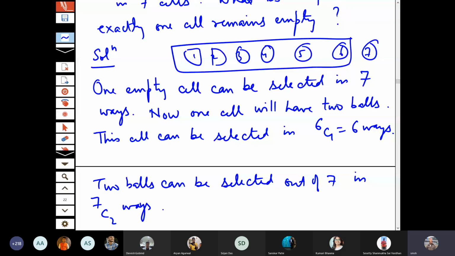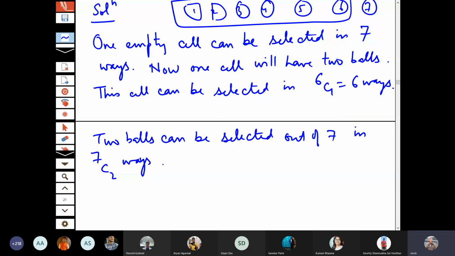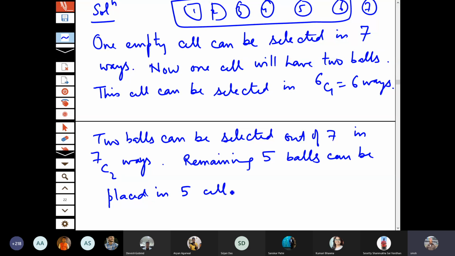And now you are left with 5 cells and 5 balls, so the remaining 5 balls can be placed in 5 cells in 5 factorial ways.